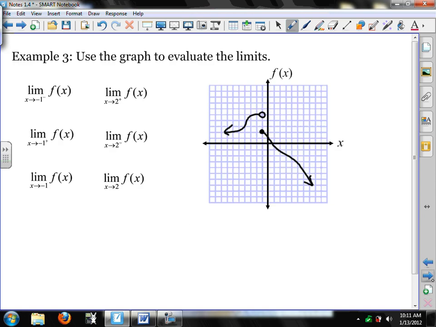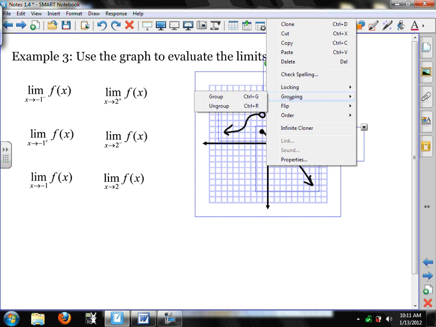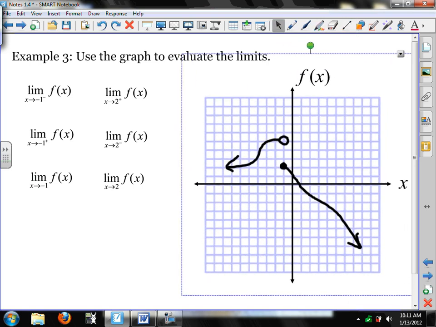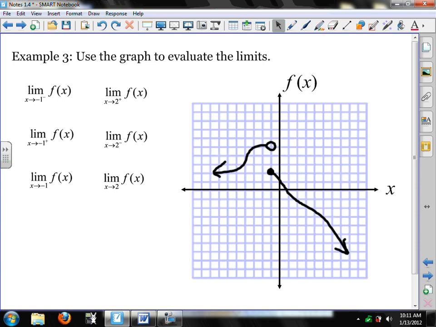All right, so we have a graph here. Give me a second to make that graph. So go ahead, you can copy down that graph real quick. The important point are this undefined point here at -1, 5.